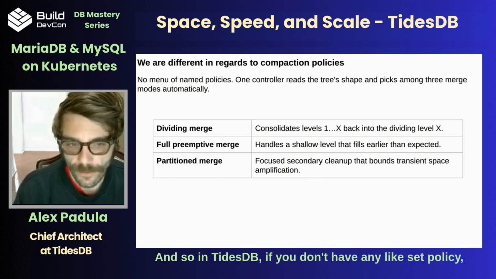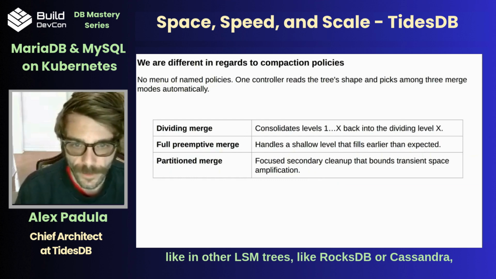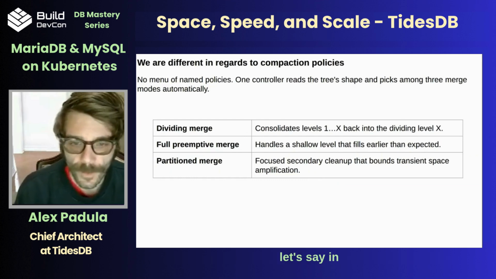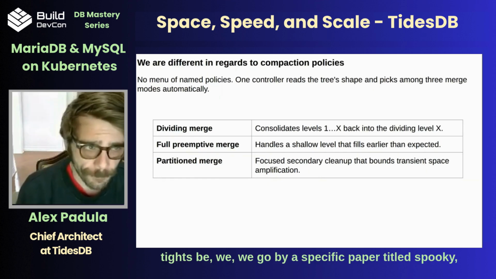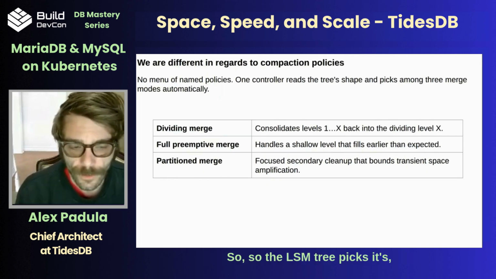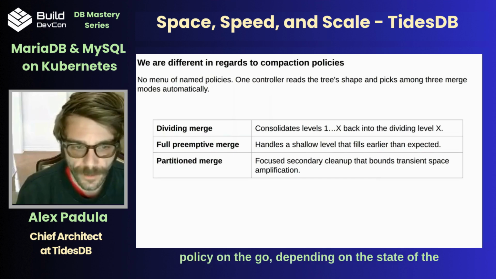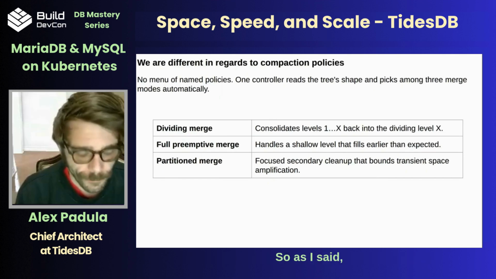And so in TidesDB, you don't have any set policy like in other LSM trees, like RocksDB, LevelDB, or Cassandra, let's say. In TidesDB, we go by a specific paper titled Spooky, which comes out of University of Toronto. So the LSM tree picks its policy on the go, depending on the state of the LSM tree in a column family.